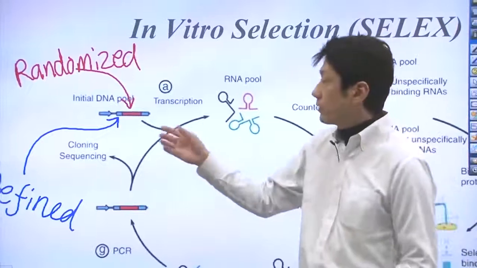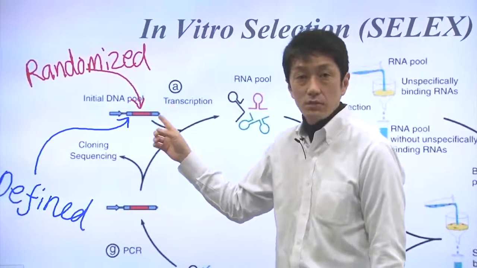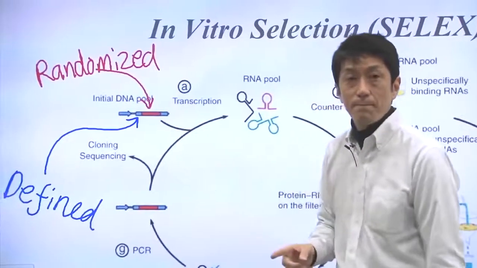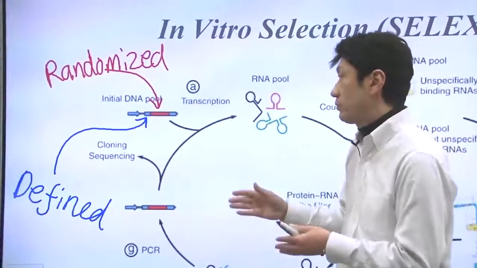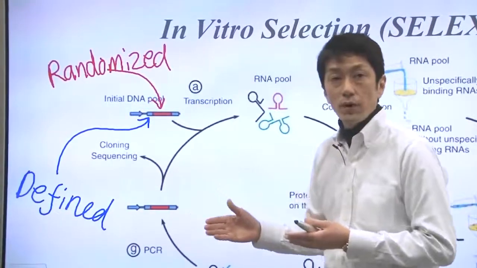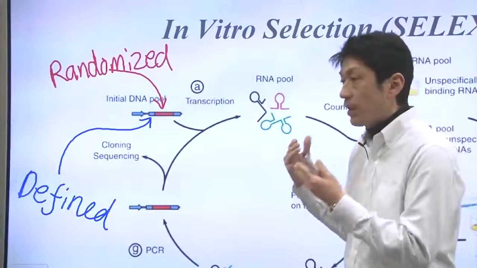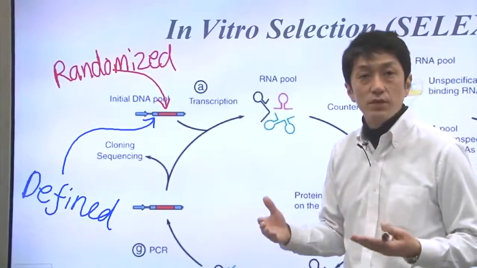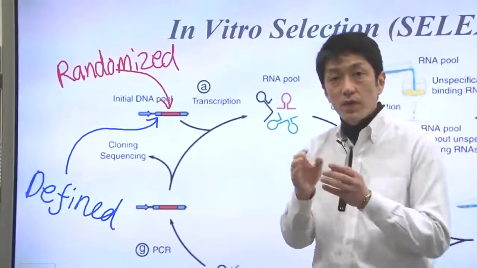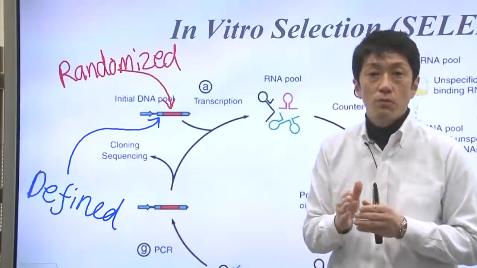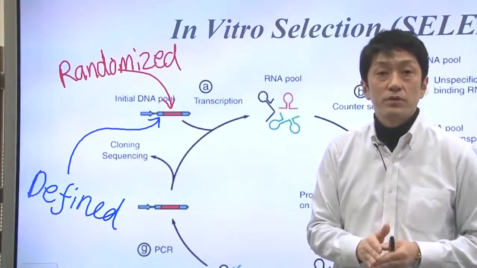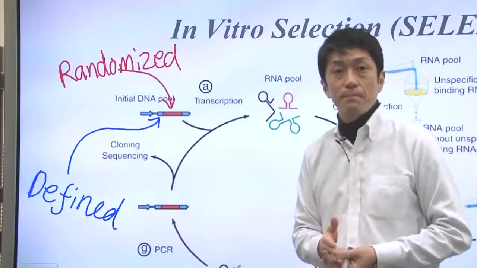How can you randomize the sequence of synthetic DNAs? You don't want to make these DNAs one by one. You can make them at once. It's really simple. You can simply mix up all the 4 nucleotide components and conduct couplings by DNA synthesizer.